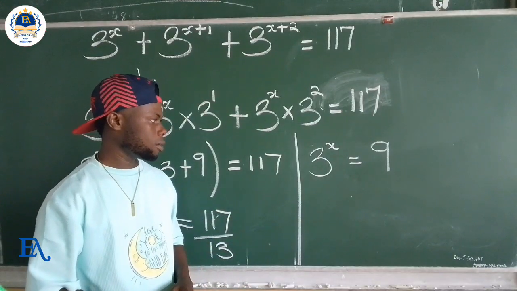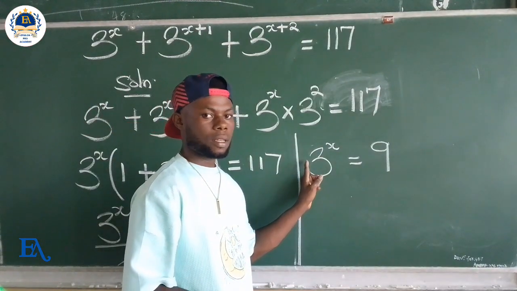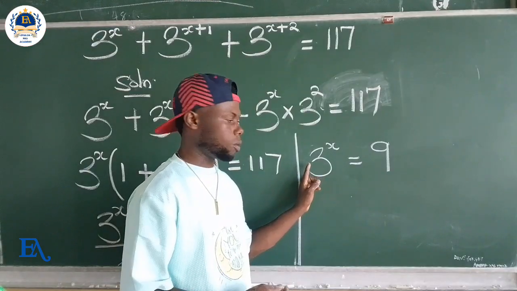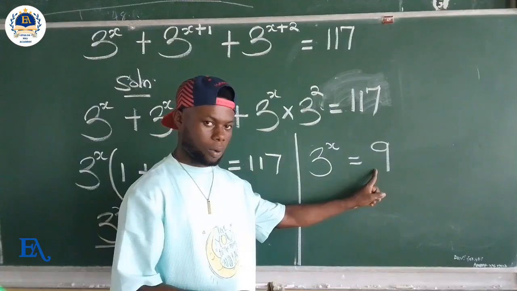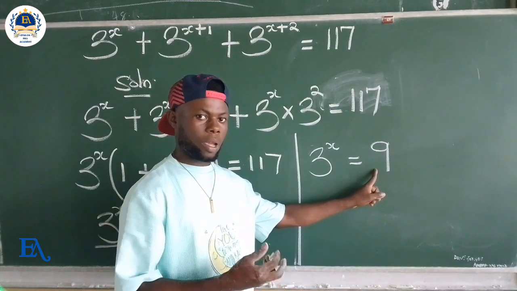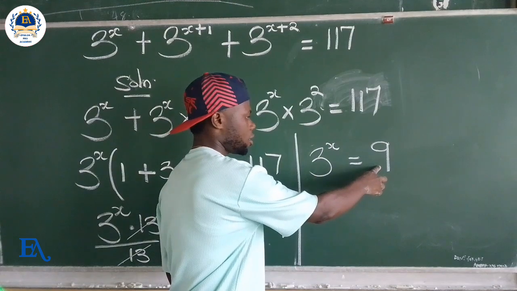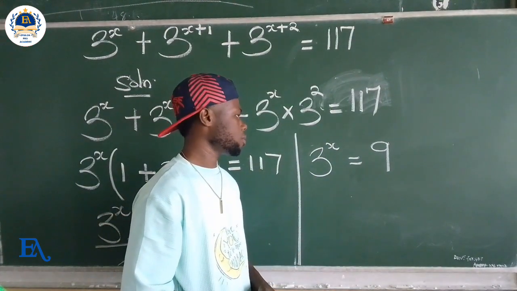From here, since the left side, 3 raised power of x, is in exponent form, and this is not in exponent form, what should be done? We have to change 9 into its exponent form or index form.